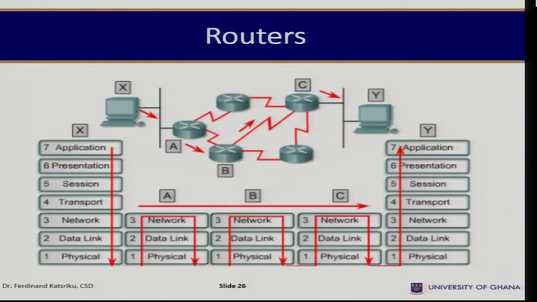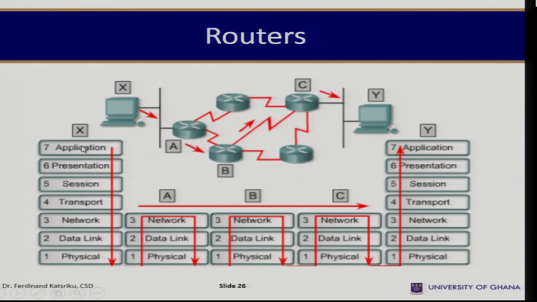The diagram you now see on screen is an example of how the routers are done. So if you needed to route some information from, let's say, X to Y, it might go through A, then B, or possibly C, and then to Y. And then it tells you what is done at each level.